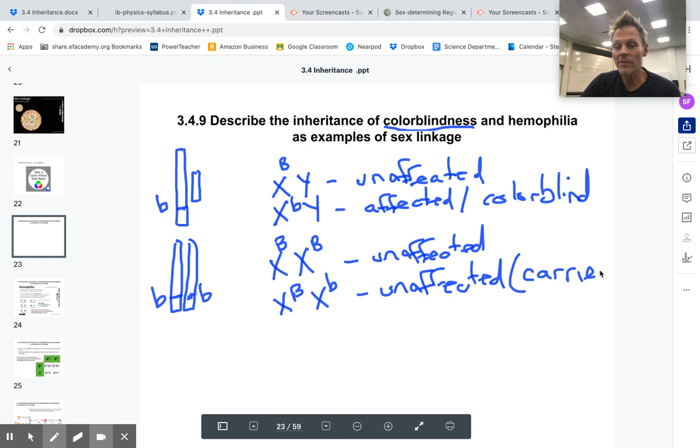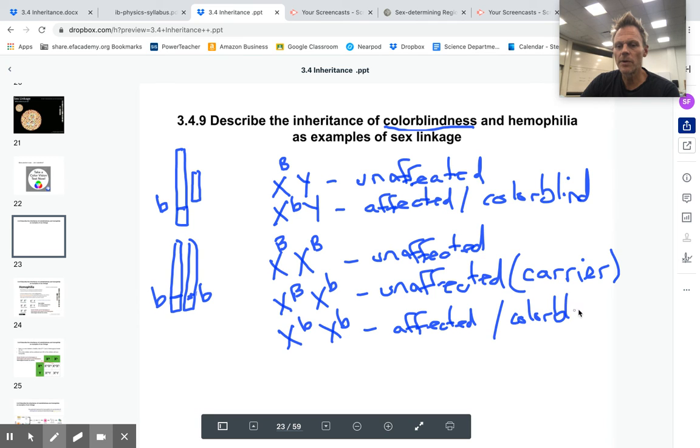So that was one of the definitions from way back on slide 3.41. So this is a carrier. She's secretly carrying it, and we don't know because her vision is perfect. However, she's carrying that allele. And then last, if she has two recessive forms, she would be affected or she would be colorblind. Both of those are fine.